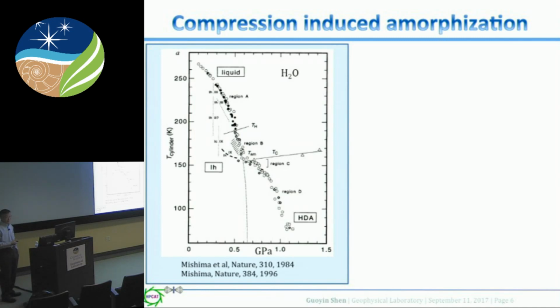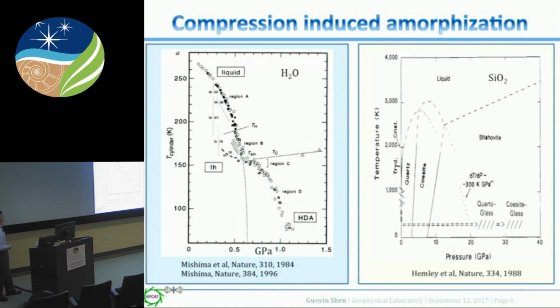We can call this metastable melting, but as I say that, I would prefer to call it amorphization because this is definitely below the glass transition. Another example is SiO2.